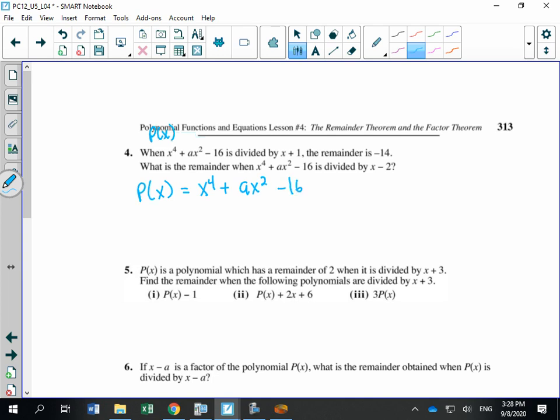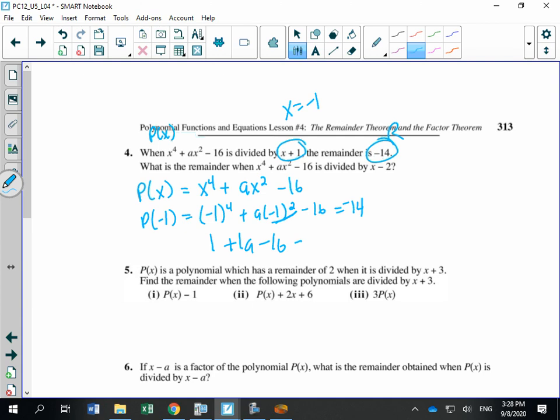Then what they tell me is when I input this binomial, so the root is 1, when I input p of 1 into this polynomial, so 1 to the power of 4 plus a times 1 squared minus 16, the remainder is negative 14. So this is equal to negative 14, okay? 1 to the power of 4 is 1. 1 squared is going to be plus 1a minus 16 is equal to negative 14.